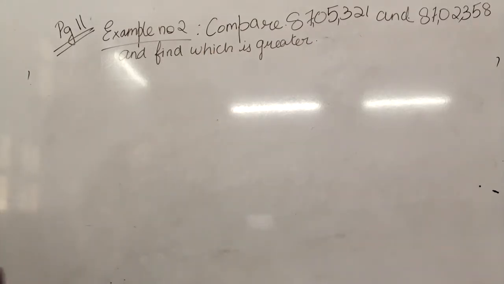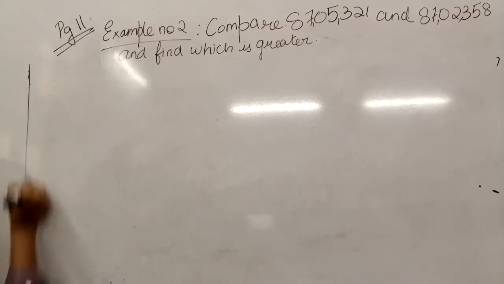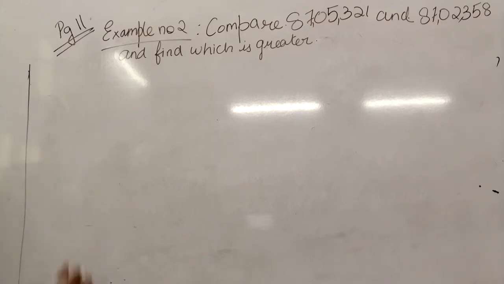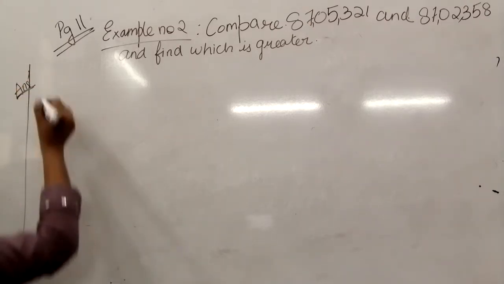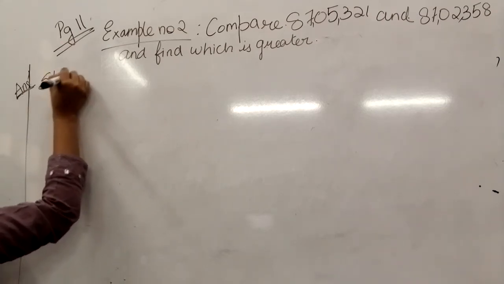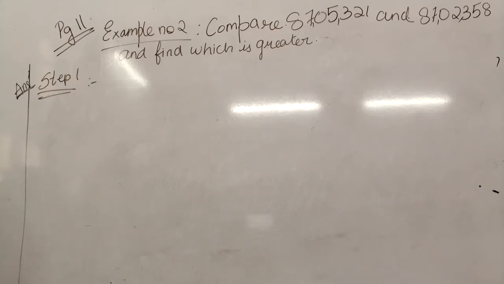Similarly, now what will you do? You will first write the answer. So here is your answer. This is your margin. Now here under it will be the answer. First is step 1. What is step 1?